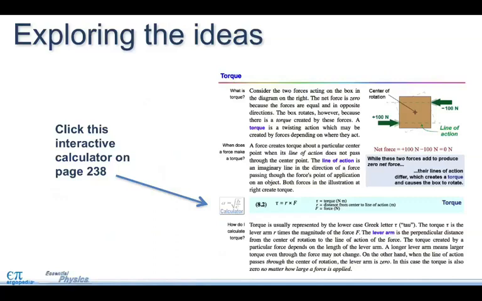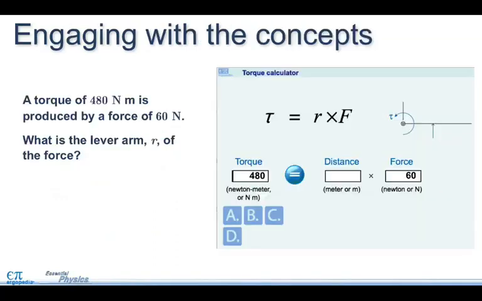Okay, now go to page 238 in the electronic textbook. Here you can explore this equation for torque further. This is what the calculator looks like on that page. And you see the blue boxes in the lower left corner labeled A, B, C, and D?